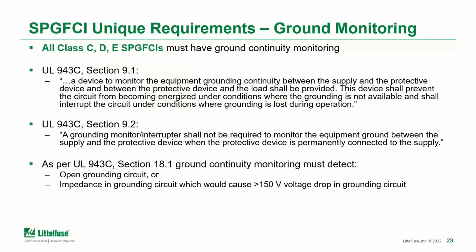So aside from that 6 versus 20 milliamp trip level, what are the other unique parts of a special purpose GFCI? And there's really two main things to talk about here. The first one is ground continuity monitoring. I don't really need to read the sections of the code there that are coming from that 943C standard. But the important point is these special purpose GFCIs, so that's Class C, D, and E, they have to monitor the grounding circuit.